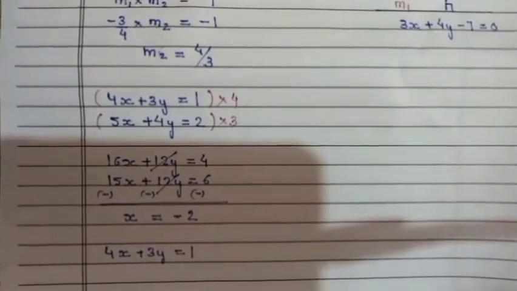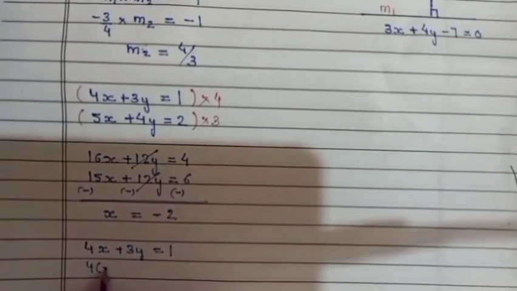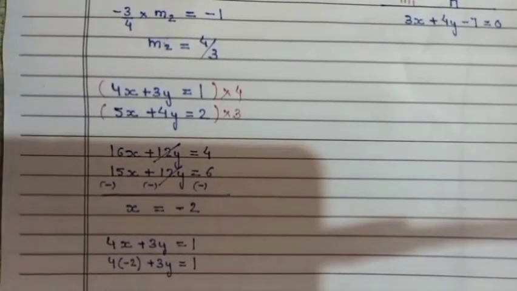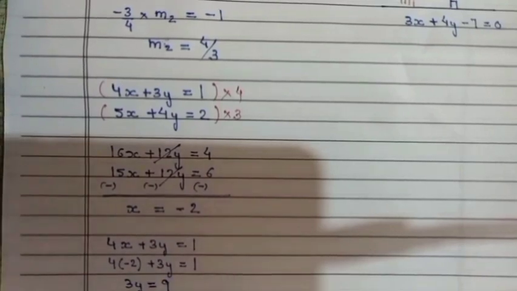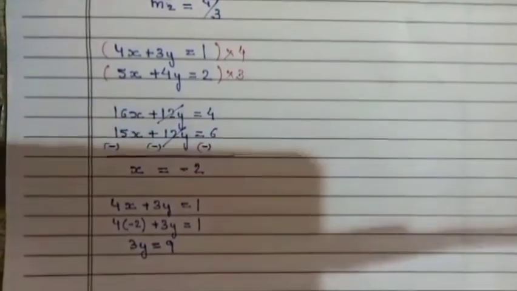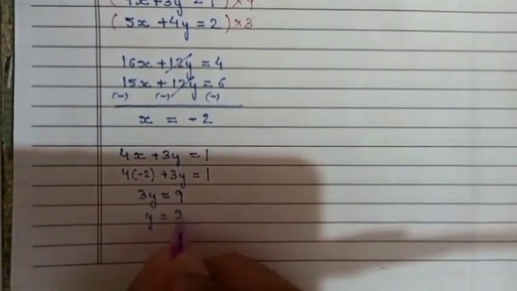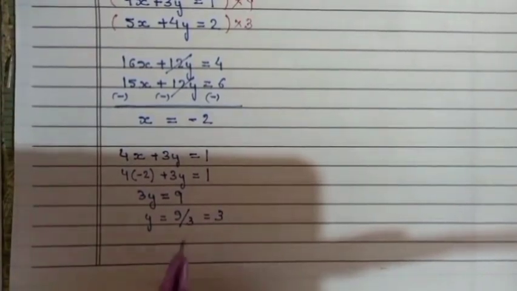Okay, so here x we have got as -2. So when you solve it, you are getting 3y is equal to, this will become -8 on this side, +8, so 9. And so finally you are getting value for y as 3. So we have got the point of intersection.